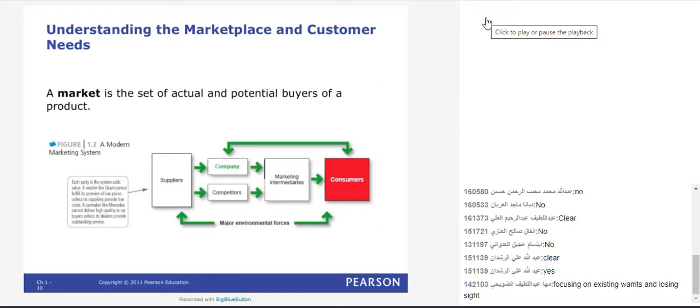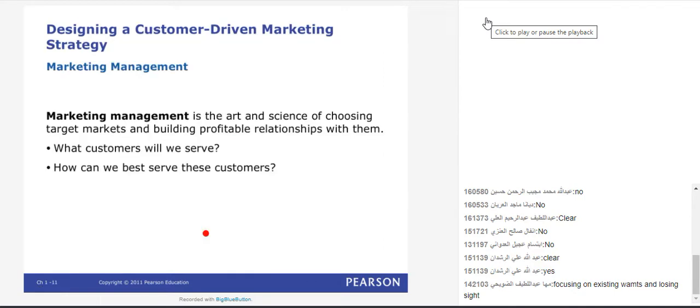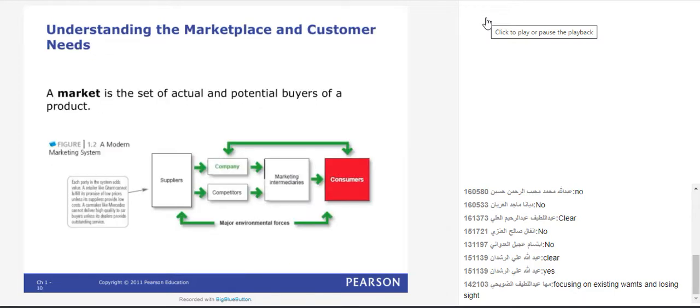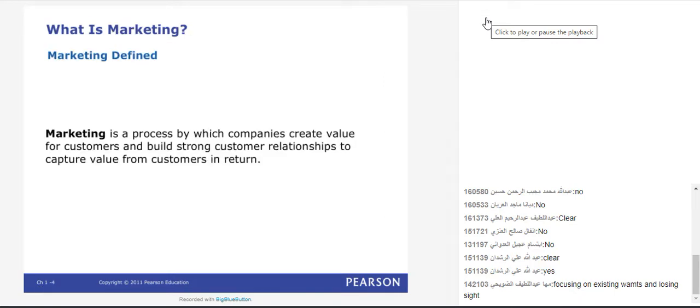Now if you remember, this is the first part of creating value, which is understanding the marketplace and customer. The second step is designing a customer-driven marketing strategy. If you remember the first slide, shall I get it again? Maybe it was in the fourth slide.